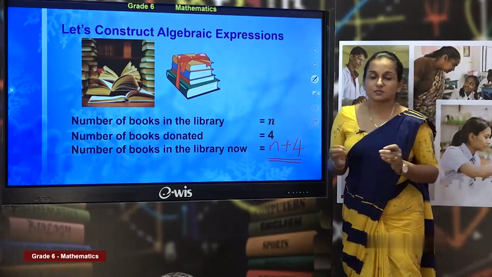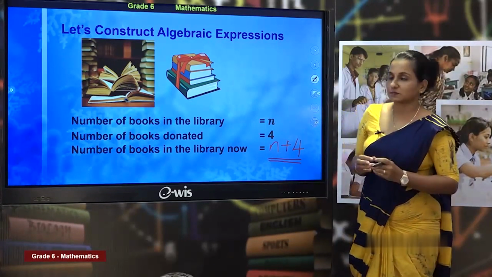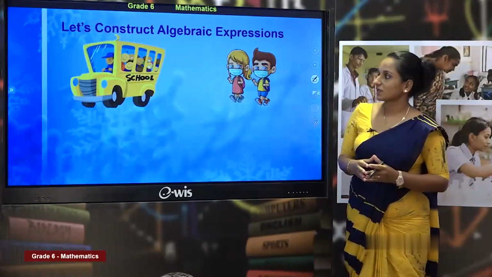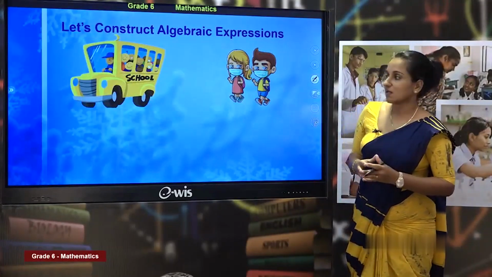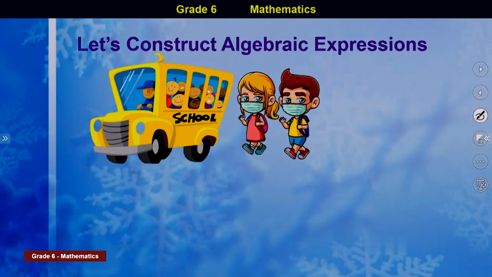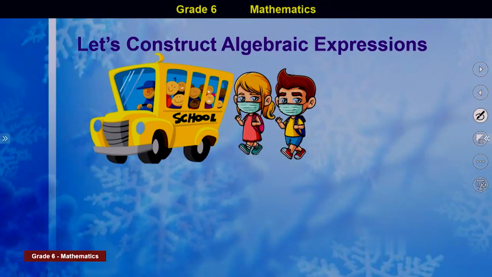Okay, let's move to another example. In this bus, there are some kids. 2 kids got on. Now, I want to find the total number of kids in the bus after these 2 kids got on.